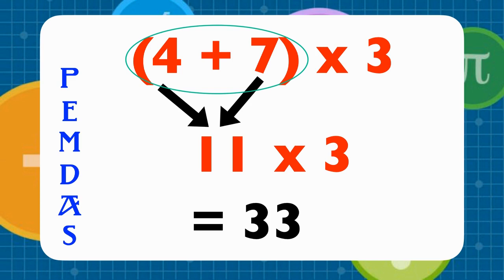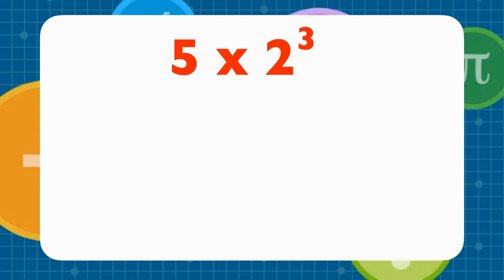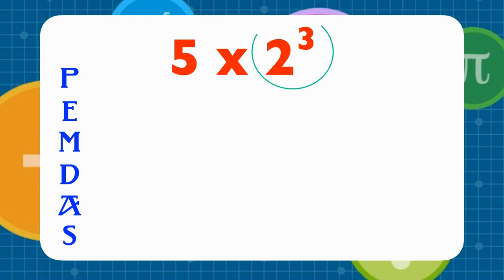Let's look at this next one. This one may be a doozy. 5 times 2 to the third power. I know you see that exponent, right? So that means that we are going to use PEMDAS. And when we do that, we deal with the exponent first. That exponent tells us that we're looking at 2 times 2 times 2. 2 to the third power equals 8.